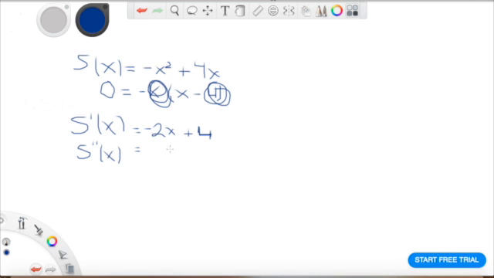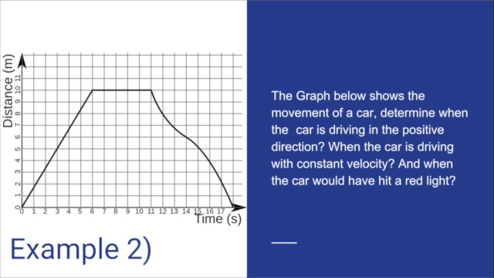So 1 times -2 is -2, and then 1 minus 1 is 0, and there we have it. That is the acceleration function, and it asks for the acceleration when he returns to the origin. So no matter where he is on the function, his acceleration will be -2 meters per second squared.